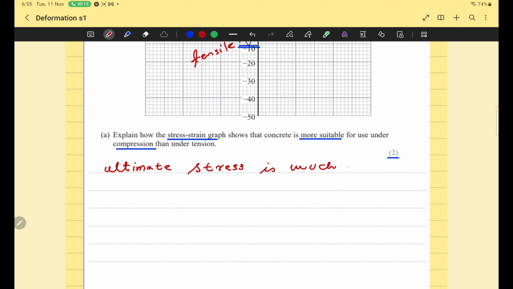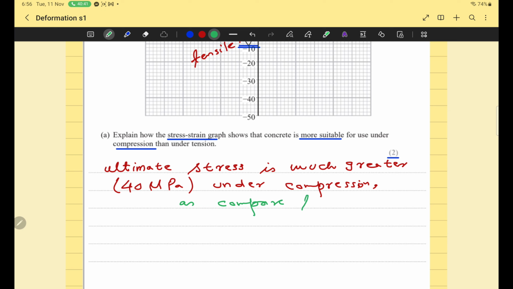Ultimate stress is much greater, that is 40 megapascal under compression, as compared to under tension, which is just 10 megapascal.